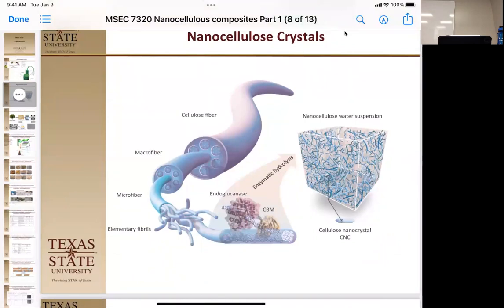And when you make nanocrystals, you cut those less ordered sections and keep the crystalline part by itself. Okay, but it's still made from the same kind of fibril stuff, but the nanocrystals, which are usually depicted as these double-pointed things, aggregate differently than the nanofibers. The nanofibers have a much longer persistence length, but the nanocrystals have more rigidity.